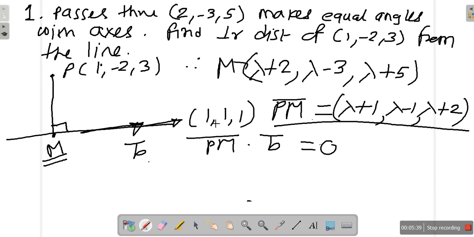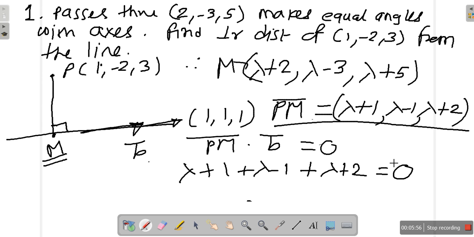So this is b bar, i plus j plus k, and this is PM bar. So the dot product will be lambda plus 1 into 1, lambda minus 1 into 1 and lambda plus 2 into 1. That will be 0 and that gives me 3 lambda equal to minus 2, or lambda as minus 2 by 3.